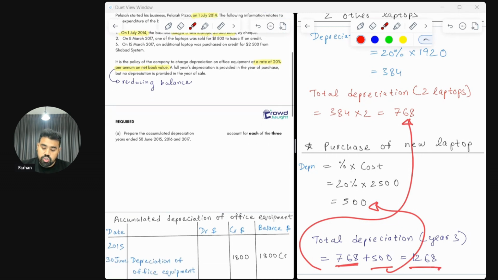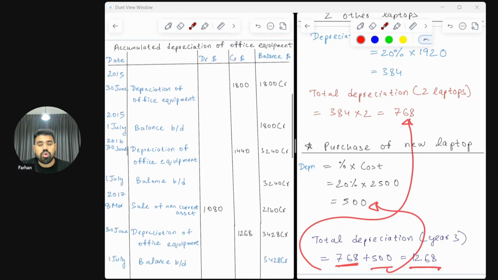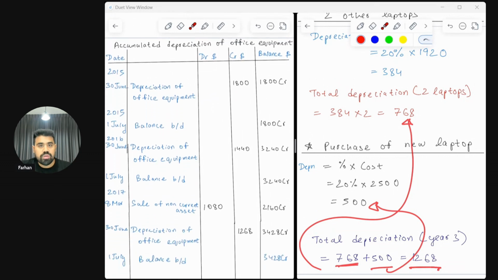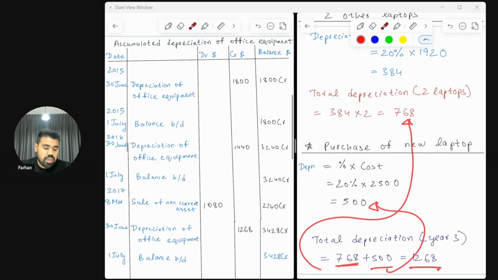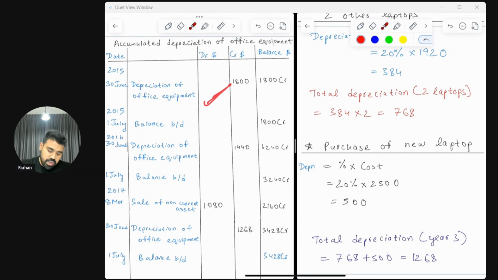Now, how should we record this in the accumulated depreciation of office equipment account? We know the journal entry is to always debit the depreciation expense account and credit the accumulated depreciation account, because accumulated depreciation is now going up by $1,268. So if you check the accumulated depreciation main account that we have here on the left-hand side, you will see that at 30 June 2017, I've recorded $1,268 within the credit column, and the cross-reference is depreciation of office equipment.